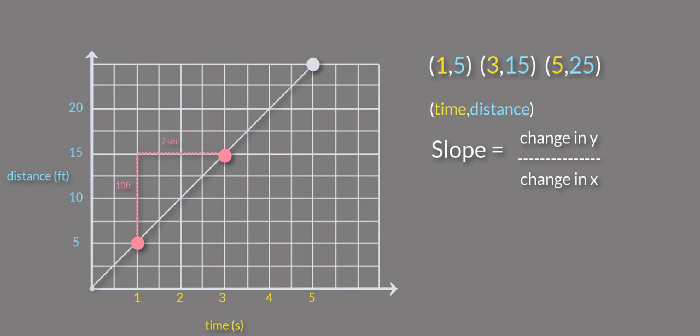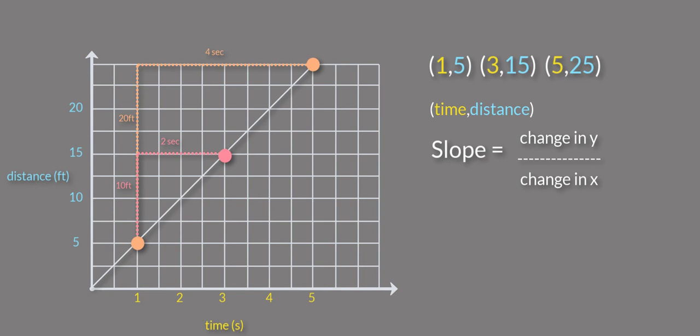We could do the same thing with the 2 outside points: the change from 5 to 25 is 20 feet, and the change from 1 to 5 is 4 seconds.